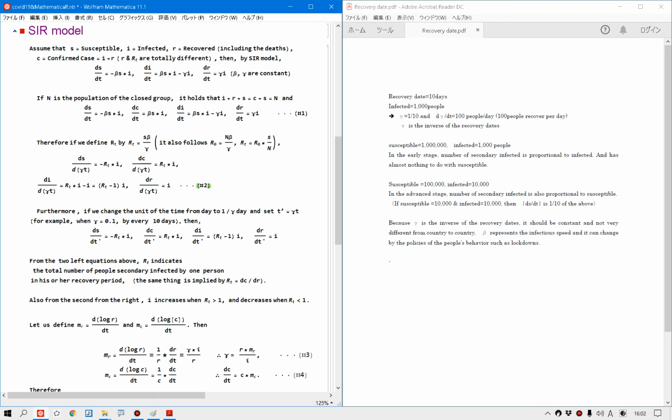And we divide both sides of the equations by gamma, and we define RT as S beta over gamma.